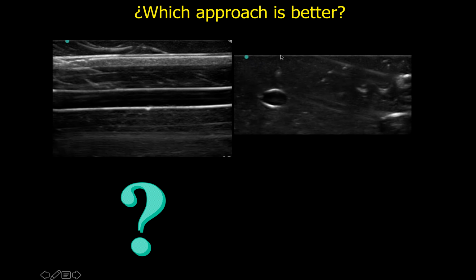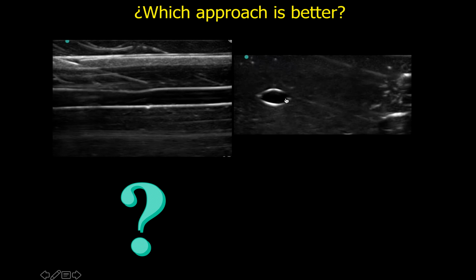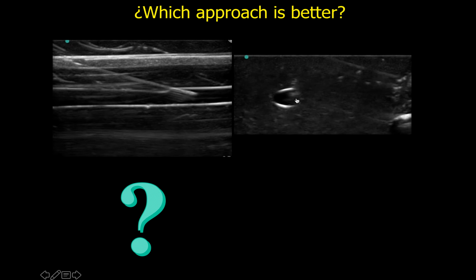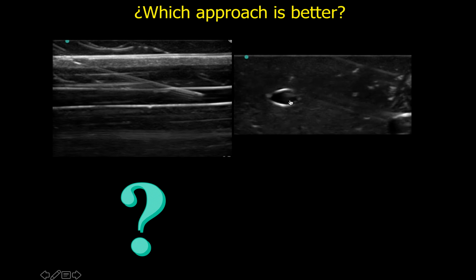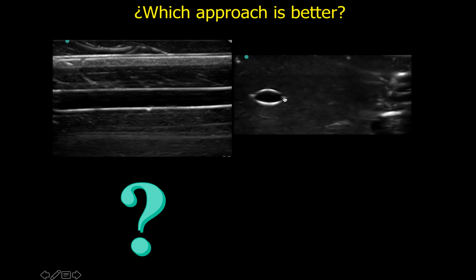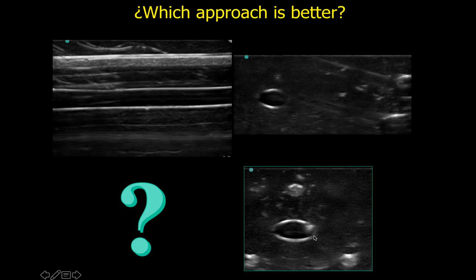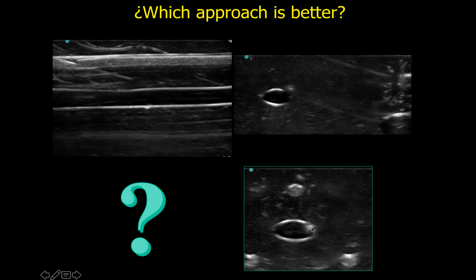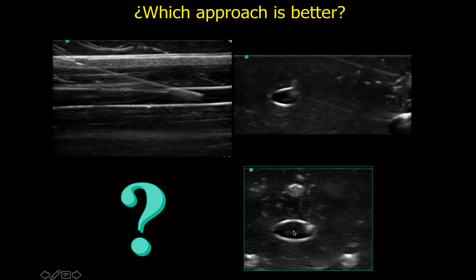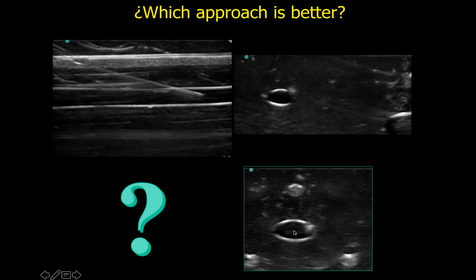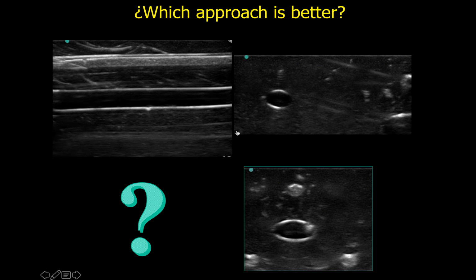But if we control it on the perpendicular, the coaxial approach, we see that the needle is very, very close to the border of the vessel. It's not directly in the center, it's lying on the very lateral, targeting only the periphery of the vessel. If we want to be sure that we are on the center of the target, we have to always combine the two axes.